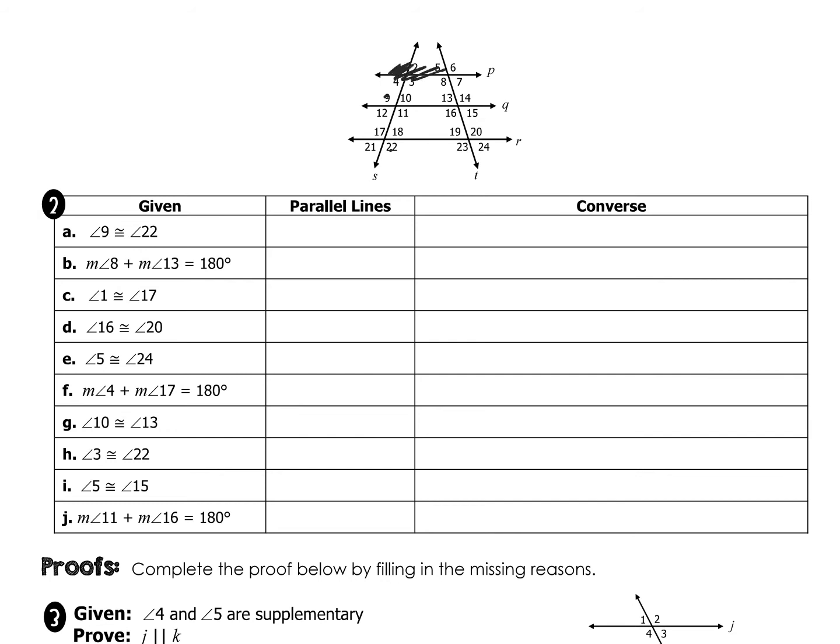So like if we're ignoring this upper parallel line, those are alternate exterior. And they prove that line Q is parallel to line R.